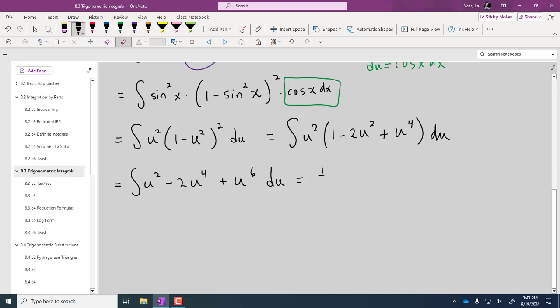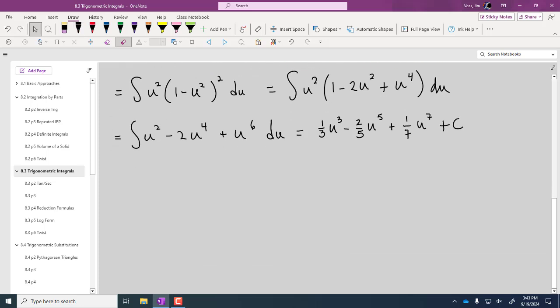So we'll end up with 1/3 u cubed minus 2/5 u to the 5th plus 1/7 u to the 7th plus c. And then we just have to do our back substitution and plug in the sine function. And we're good. Or at least I'm good. Hopefully you're good. Hopefully it makes sense.